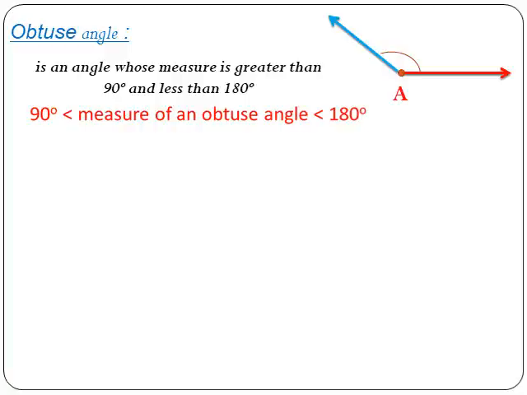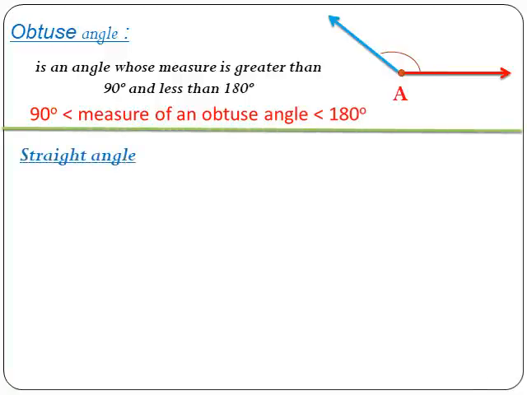Okay, mister, what about the next angle? Straight angle. A ray here and a ray like here, like a straight line. If I speak about an angle, I say straight angle. If I speak about a line, it's a straight line. So the straight angle's measure is equal to 180 degrees.